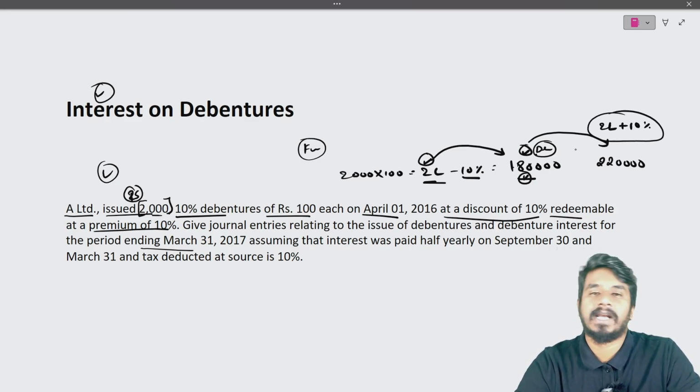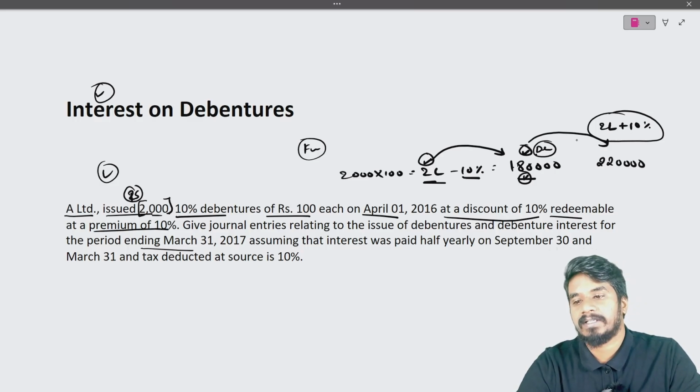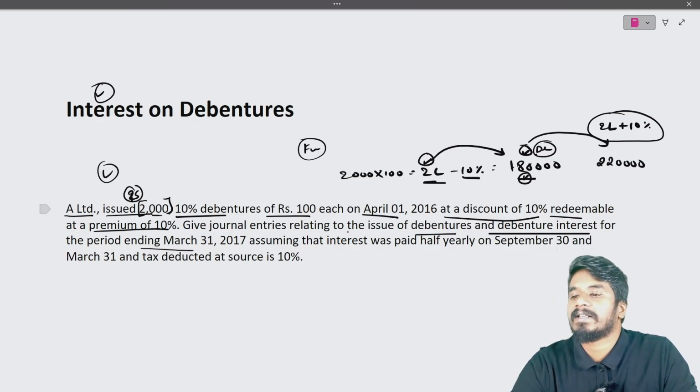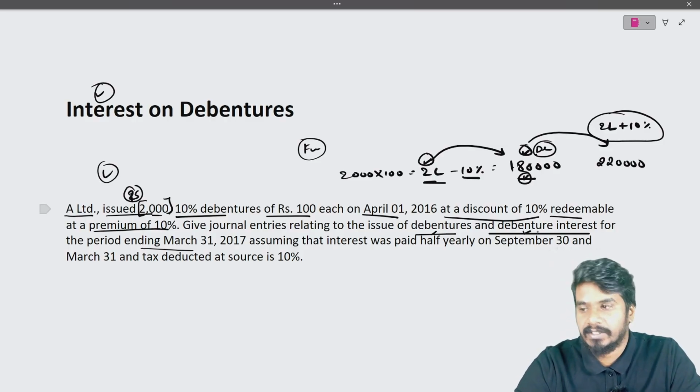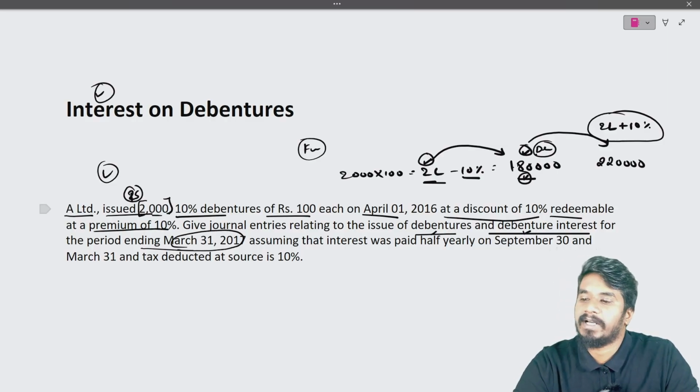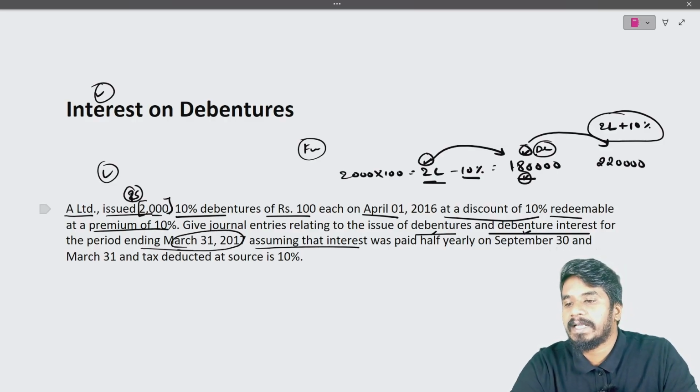This is premium, right? Did you understand that? Yes. Let's move on. Give journal entries relating to the issue of debentures and debenture interest for the period ending 31st March 2017, assuming that interest was paid half yearly.